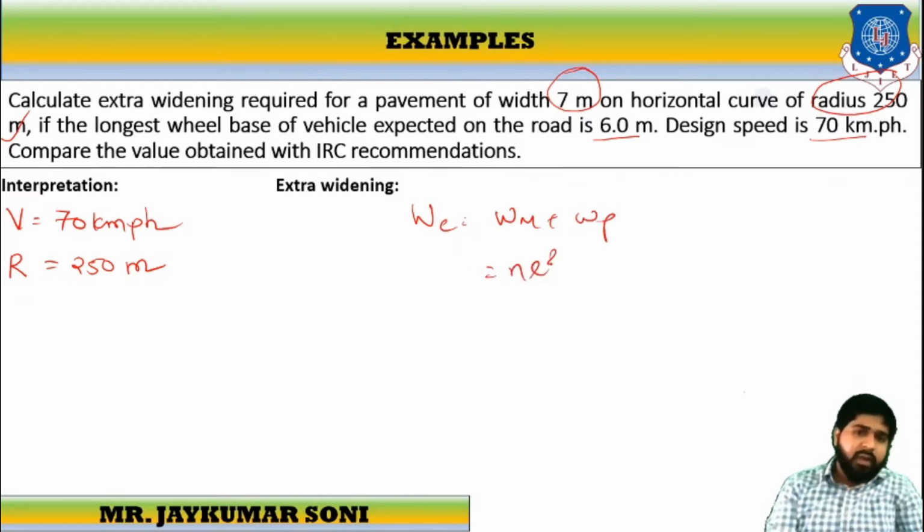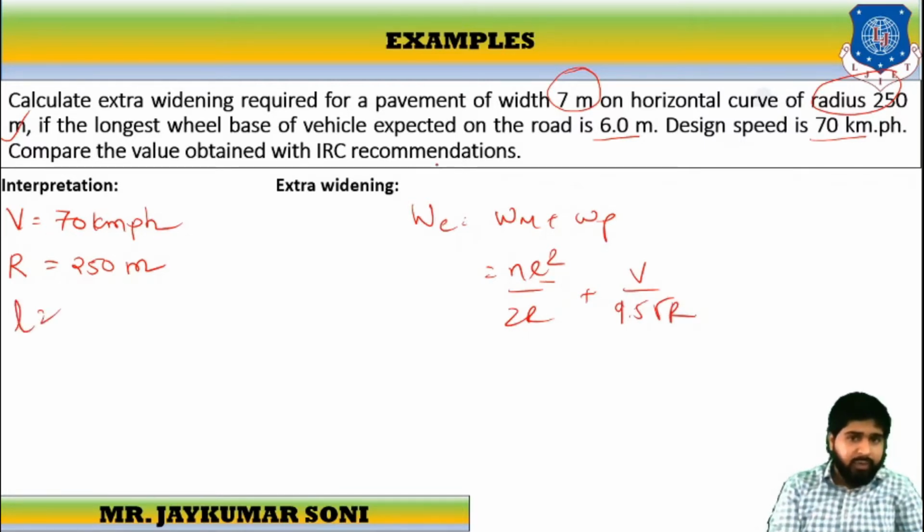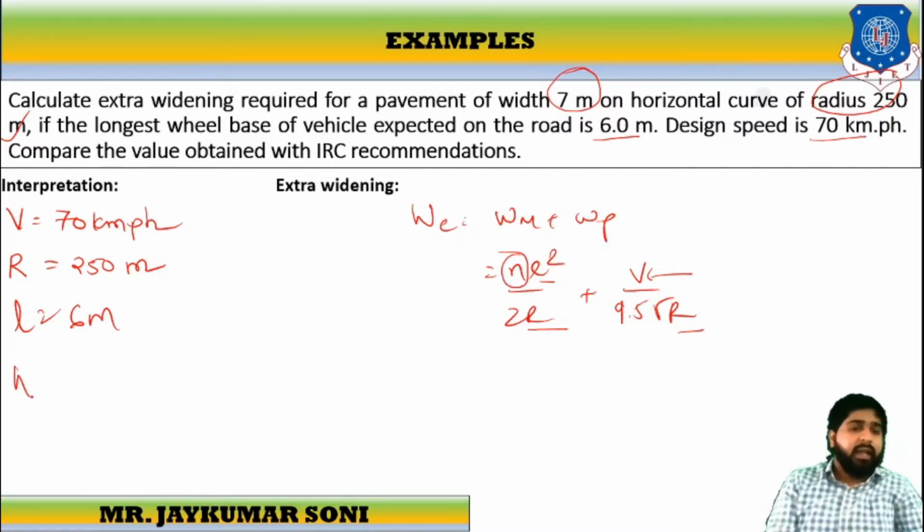This is NL square by 2R and this is V by 9.5 under root R. Do we have the value of L? Yes, length of wheelbase we are having as 6 meters. Do we have R? Yes. Do we have V? Yes. We do not have the value of N. Now, N stands for what? N stands for number of lanes.